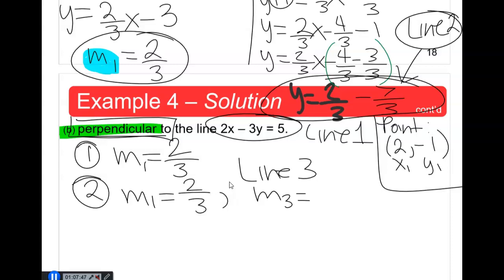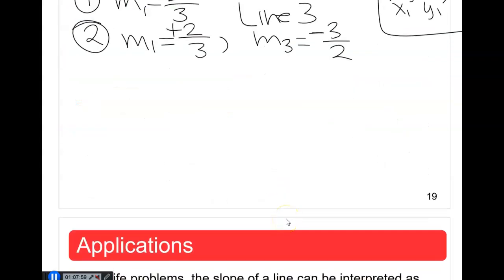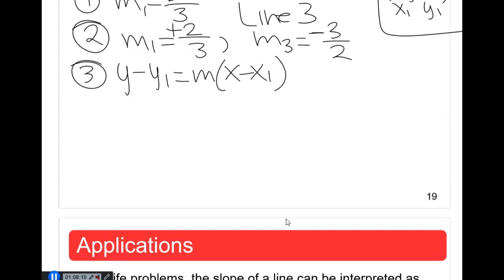So m sub 3, that's just a label, doesn't really matter. It's going to be equal to the reciprocal, so 3/2. And because this slope was positive, this will be negative. Then the third step would be to use the point slope formula. So y minus y sub 1 equals m parentheses x minus x sub 1.